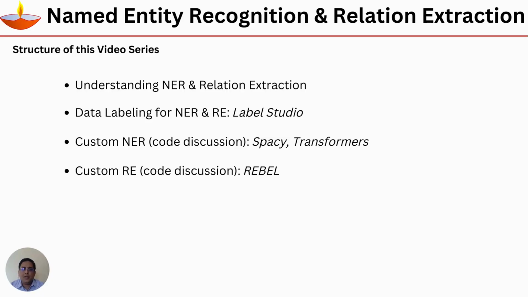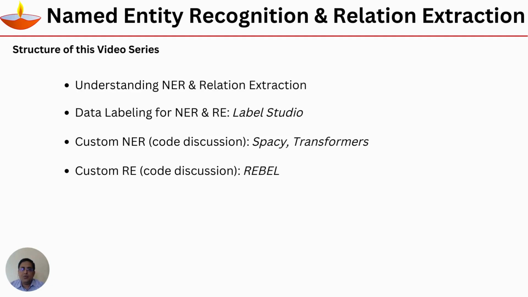Okay, so a very quick recap of what we have done so far. We started by building a quick understanding of NER and RE. Then we went about doing the data labeling using Label Studio. And then we had the code discussions essentially revolving around the custom NER model using spaCy and the spaCy Transformers pipeline.